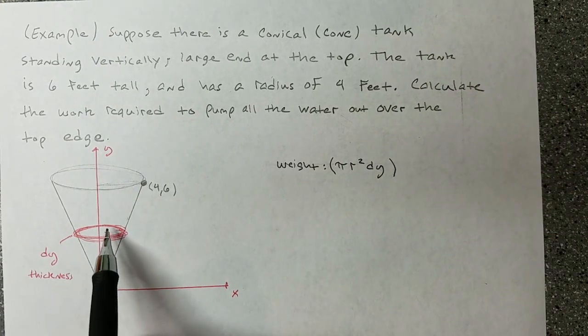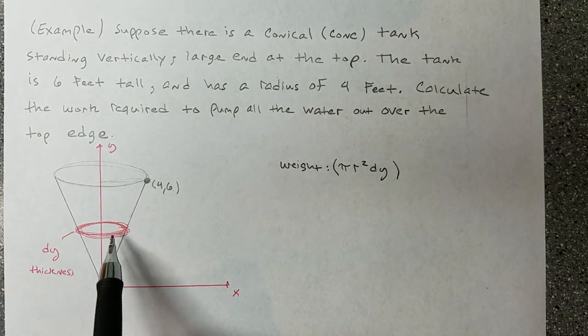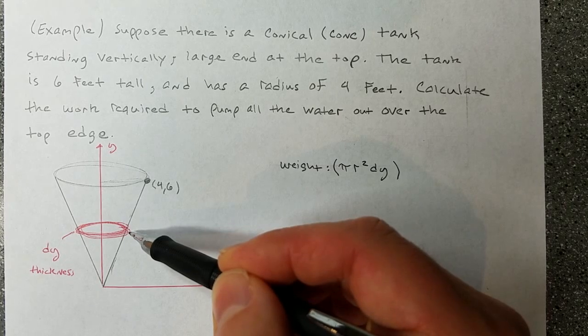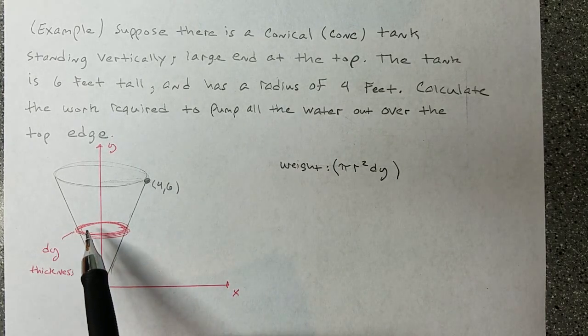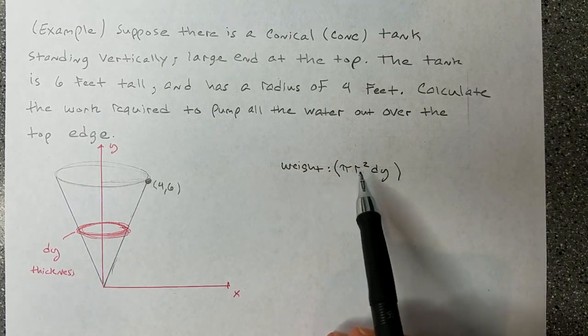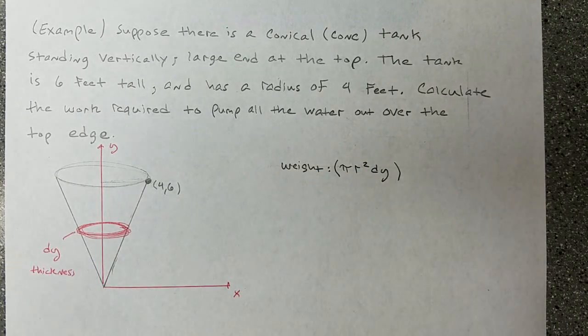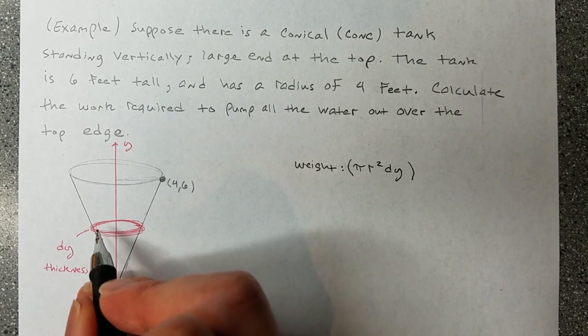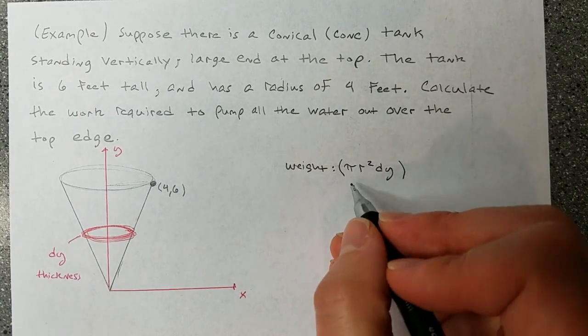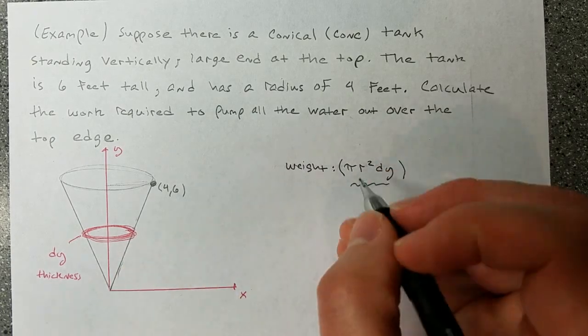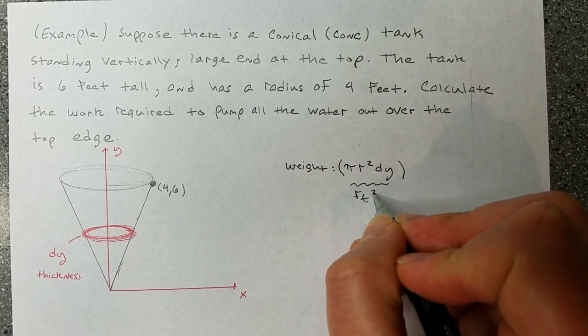Well, this cylindrical disc right here, this very thin slice of this tank, has a thickness of dy, and it's otherwise a circle. It's like a little cylinder, like a coin or something. Its height is dy, and its radius is r. So this would be the volume of it in cubic feet.